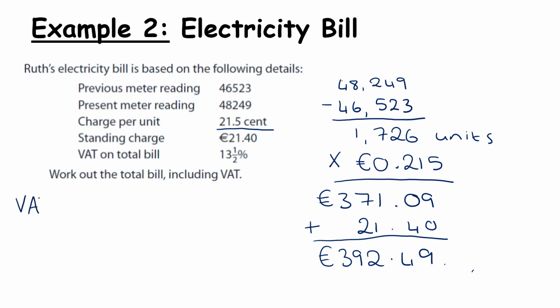My VAT is 13.5%. Again, I like to do the percentage. I find it just easier for calculator work to put it in as 13.5%. Of means multiply, and then 392.49. Generally with the bill, we like to show the VAT. If it was a case that you just wanted the answer, you could do 113.5%.